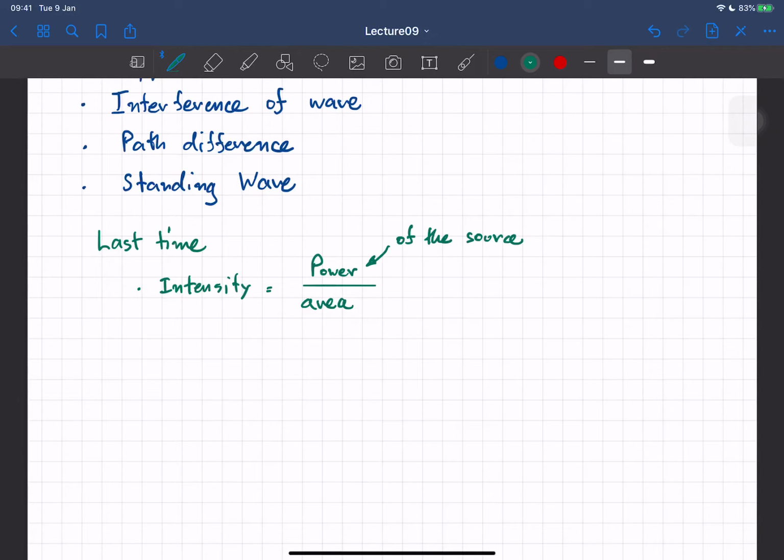For example, if we have a light bulb which gives out light in every direction, and we need an area, right, to calculate the intensity. So the area that we're going to use, in this case, the easiest is probably a spherical area around it, right?